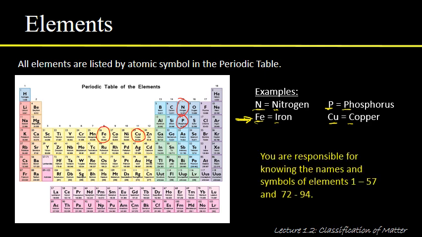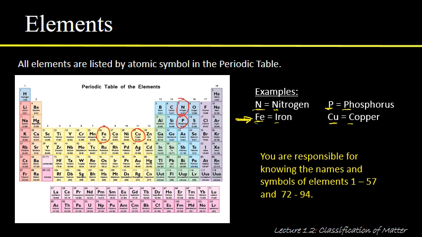So I would like you to get familiar with the names and symbols of most of these elements. Right? So you should learn the symbols for elements 1 through 57 and 72 through 94. What that means basically is just all of the elements in the main body of the table except the end of that last row.